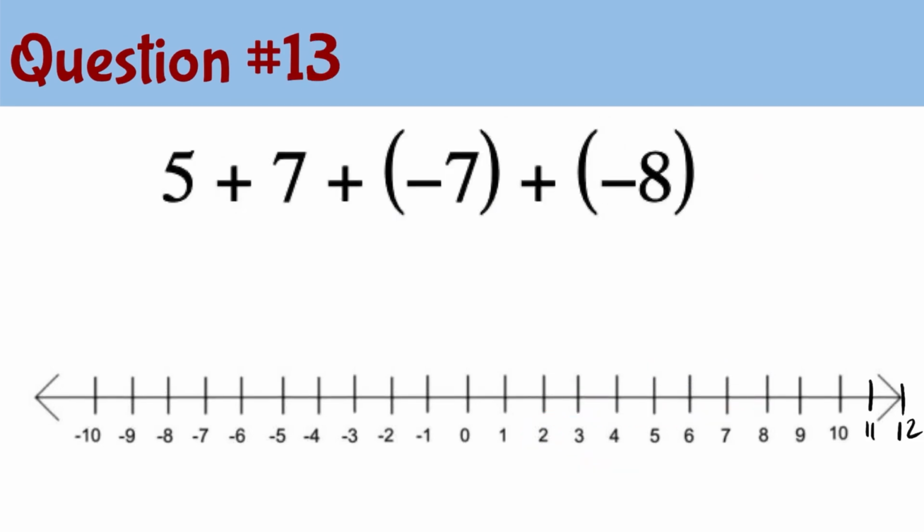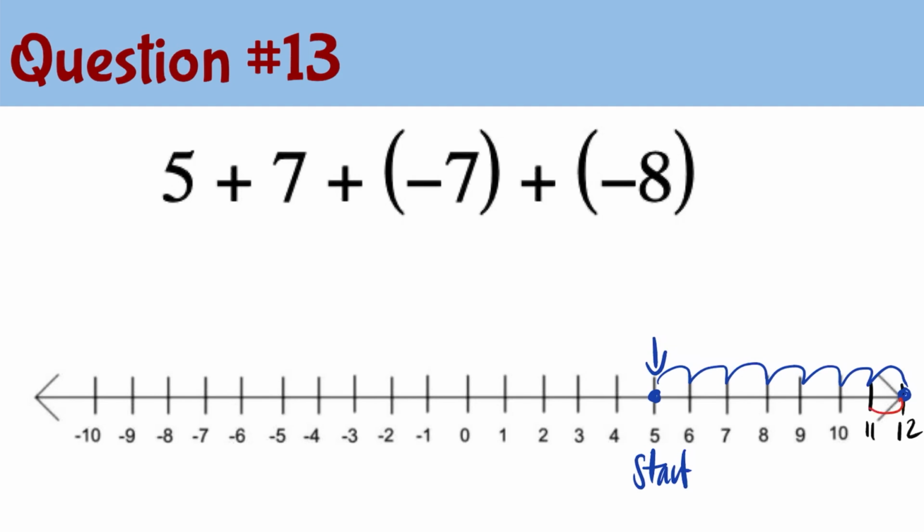Question 13. 5 plus 7 plus negative 7 plus negative 8. The starting point here is 5. Now we need to move 7 units to the right because that's adding 7. And that will be 12. From the 12, we're adding negative 7. So that means 7 units to the left.